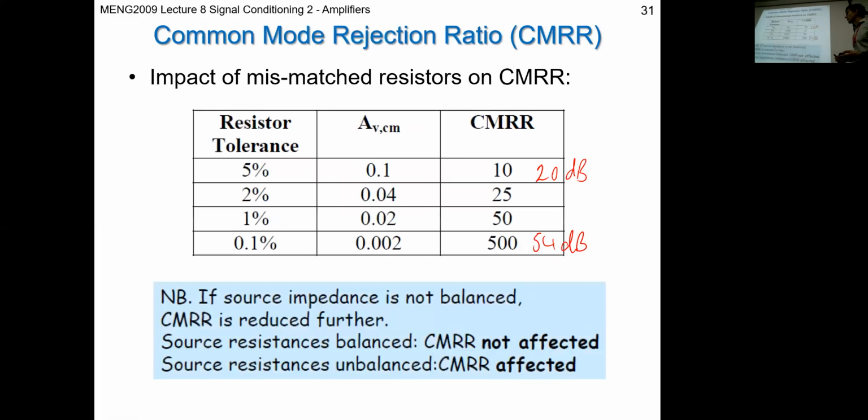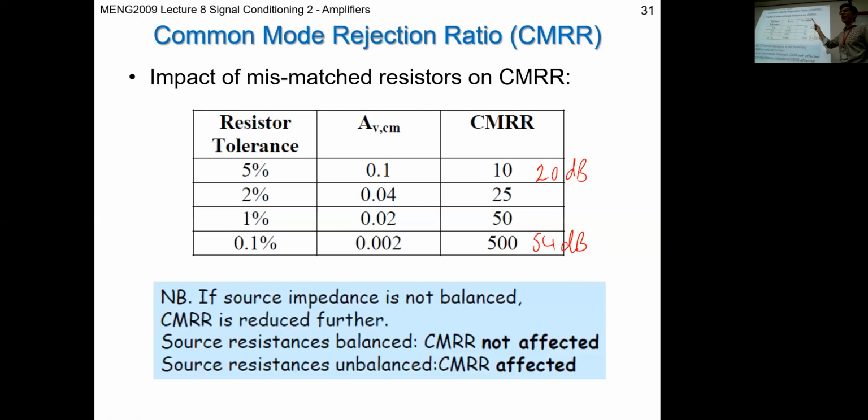One of the causes of common mode rejection ratio not being ideal is that we have these mismatched resistors. Where you're supposed to have resistors of the same value, like in a differential amp where your feedback resistor and your ground resistor are supposed to be the same, if they are not the same, if they have some uncertainty like manufacturing tolerances, that creates a less than ideal common mode rejection ratio. So this is a relationship between your resistor tolerances and the common mode gain that's generated by those.